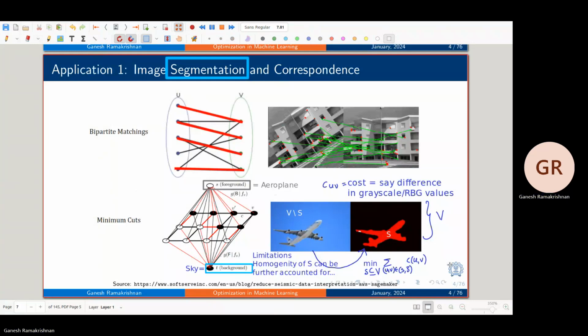Because it's all the edges in UV. So if you make the resolution smaller, you should consider both vertical, horizontal, everything. UV can just be getting the different pixel values. But that we are already doing, right? Say cost is the difference in grayscale RGB values of the two pixels. So that's already done.